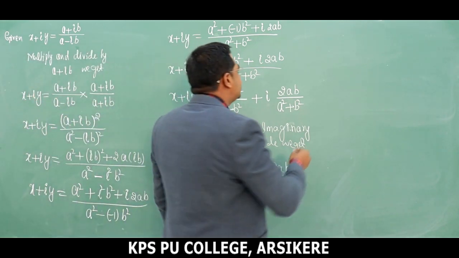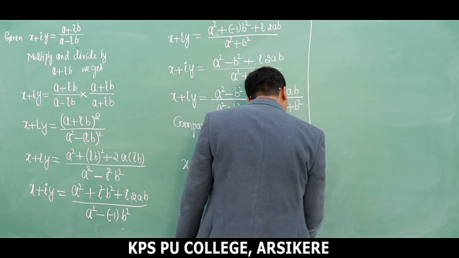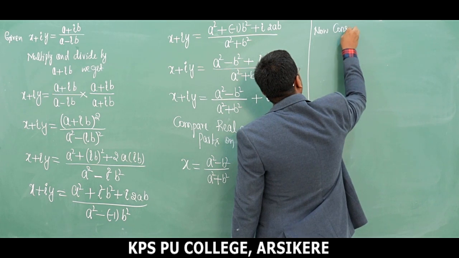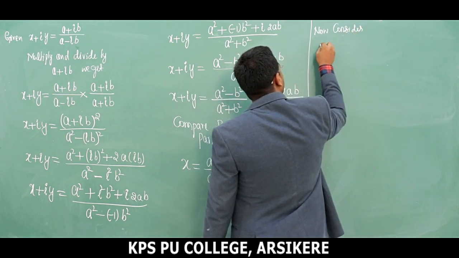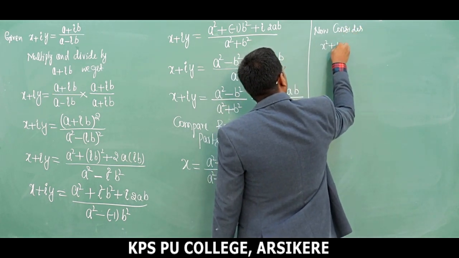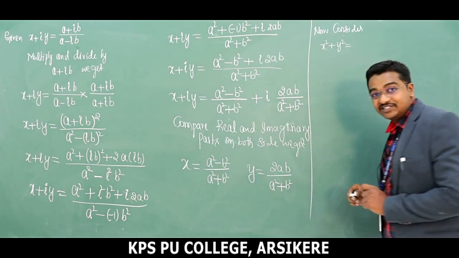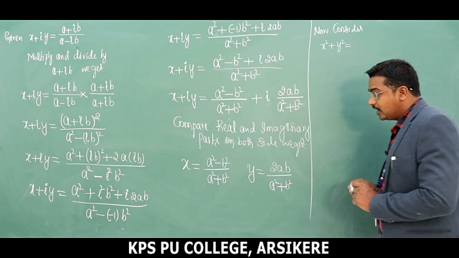Okay. Now consider x square plus y square. x square plus y square is equal to, what is x? Here we have a square minus b square divided by a square plus b square.